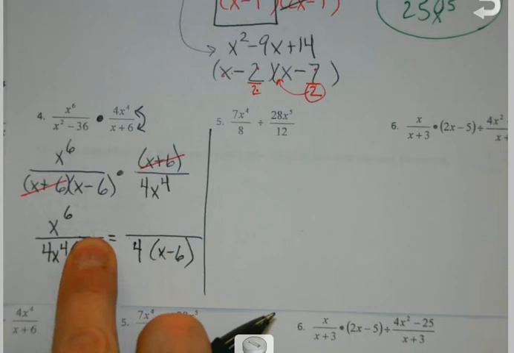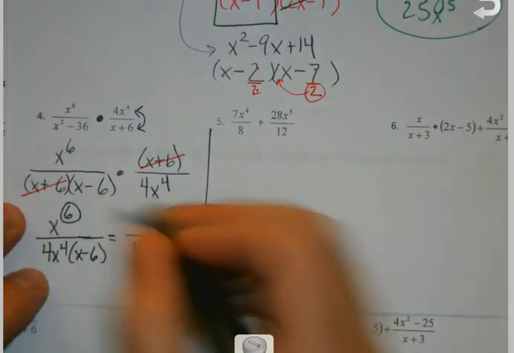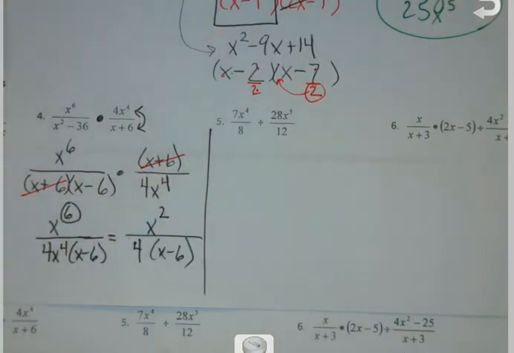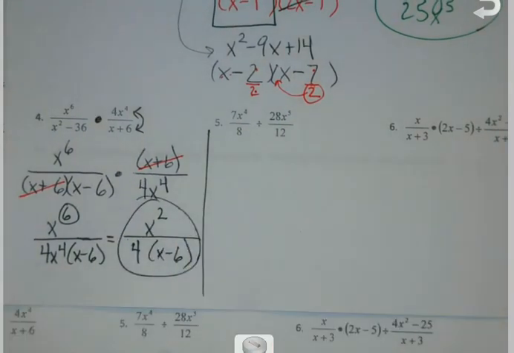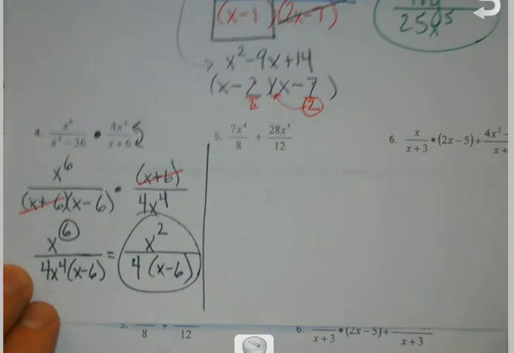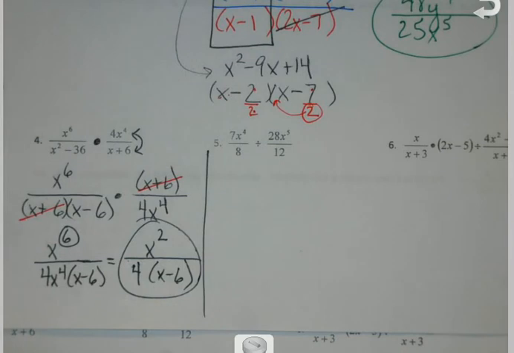X squared on top, because 6 minus 4 is 2. And the bigger exponent's on top. And again, that's in parentheses, can't do it with the x's. I'm done. So my personal opinion on the initial question there is, once you've factored, I wouldn't redistribute ever. Because, like I said, it's never going to do anything good for you.